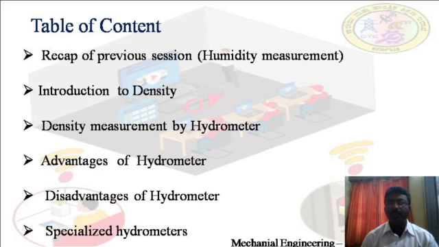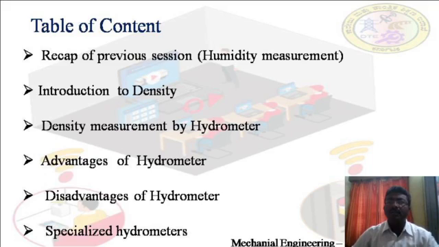The main parts of hydrometer are the graduated or calibrated stem, second is the wider bottom portion, that is the float, and the third one is the ballast or the weight, which is meant for stability.